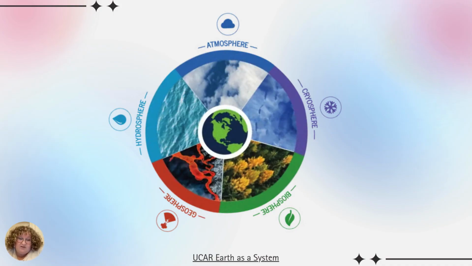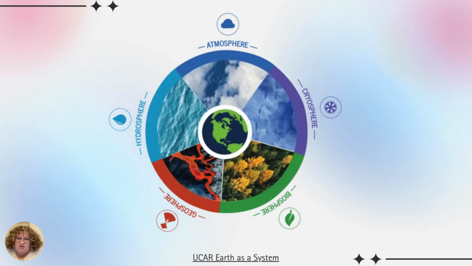Okay, so that includes the atmosphere, which is a lot of what we'll talk about: clouds, the greenhouse gases, all of that is going to be combined into our atmosphere, but also interact with all these other ones. So the cryosphere is going to be all the ice around the globe. Biosphere is all of the biological life on Earth, which includes flora, fauna, and humans.